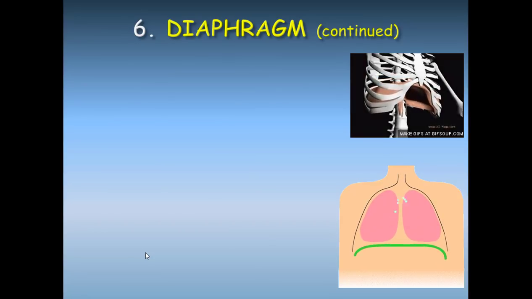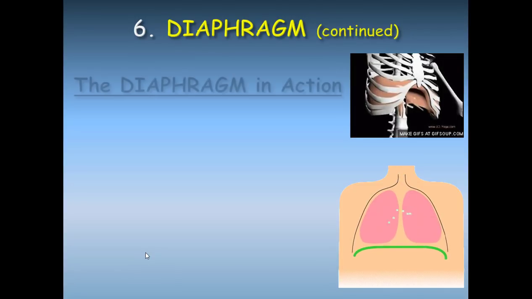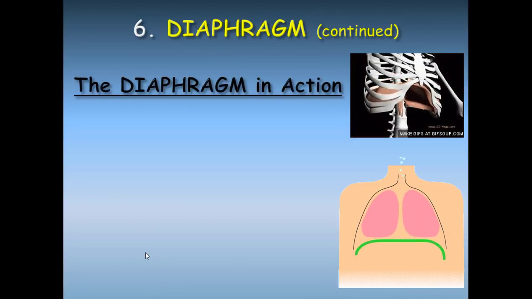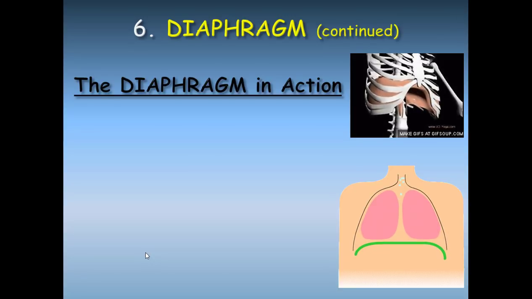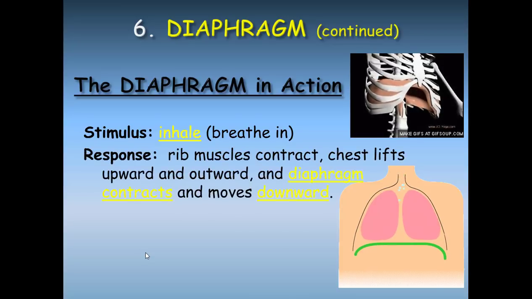So let's use the stimulus response model to talk about how the diaphragm actually works in action. So the stimulus is when we inhale, when we breathe in. The response is that the rib muscles are going to contract, the chest is going to lift upward and outward, and the diaphragm is going to contract and move downward.